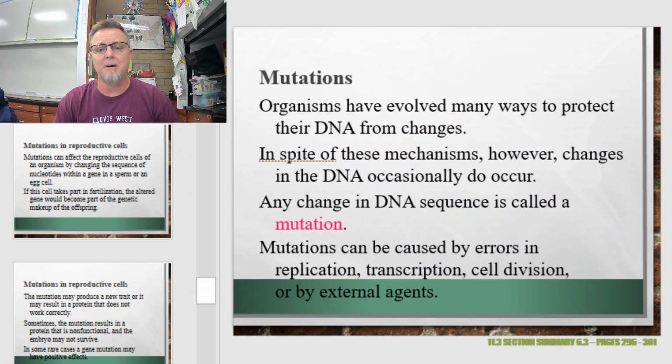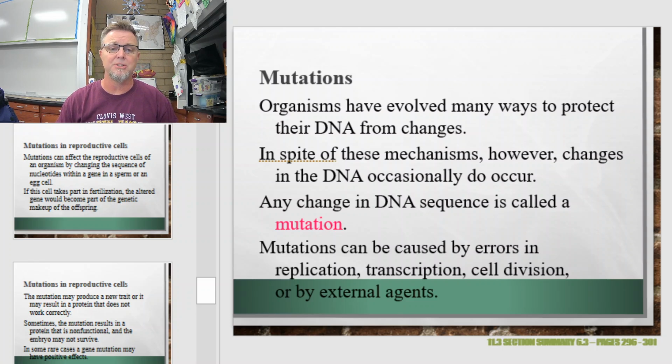So the whole idea of mutation is that we're changing our DNA sequence. As you can see from this slide, any change in a DNA sequence is called a mutation. And because your DNA is so special, your body has evolved multiple ways to protect your DNA from these changes.